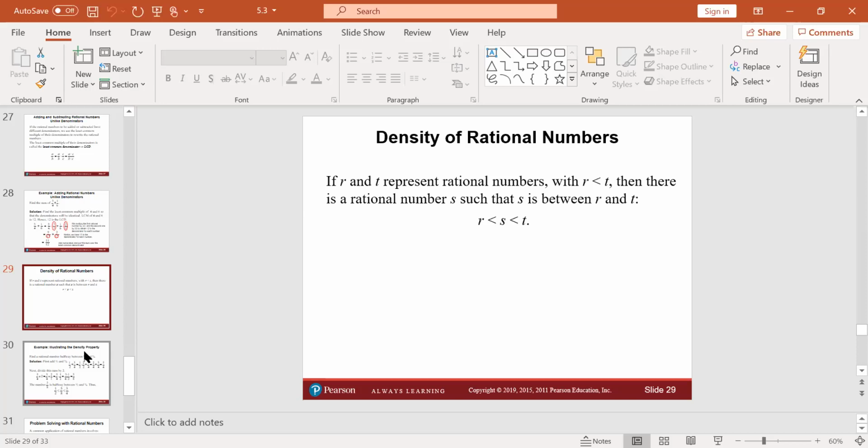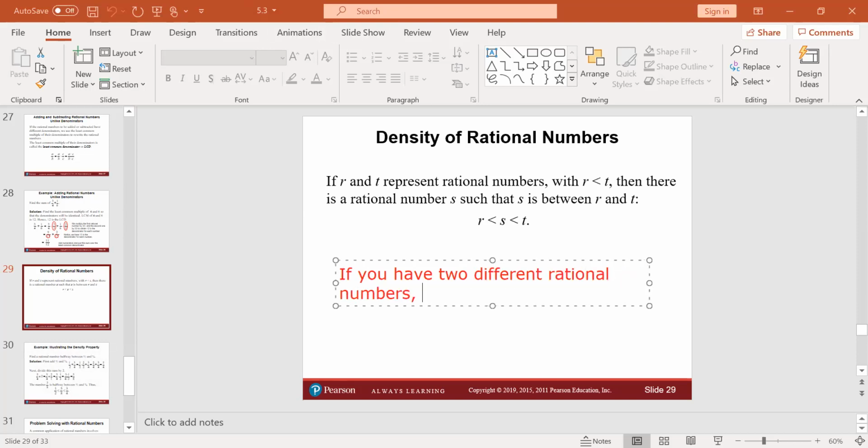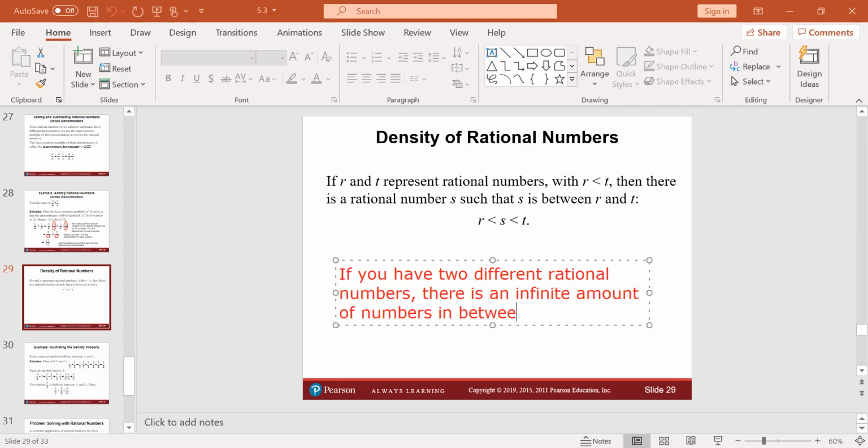All density means is that if you give me two different real numbers, or in this case rational numbers, so you can't use the same number twice, there is an infinite amount of numbers in between those two you started with.